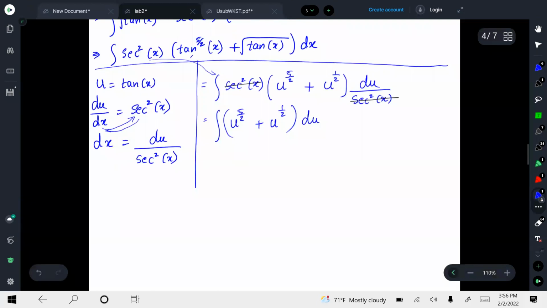Good. Now find the integral separately: integral of u to the power of 5/2 du plus integral of u to the power of half du.